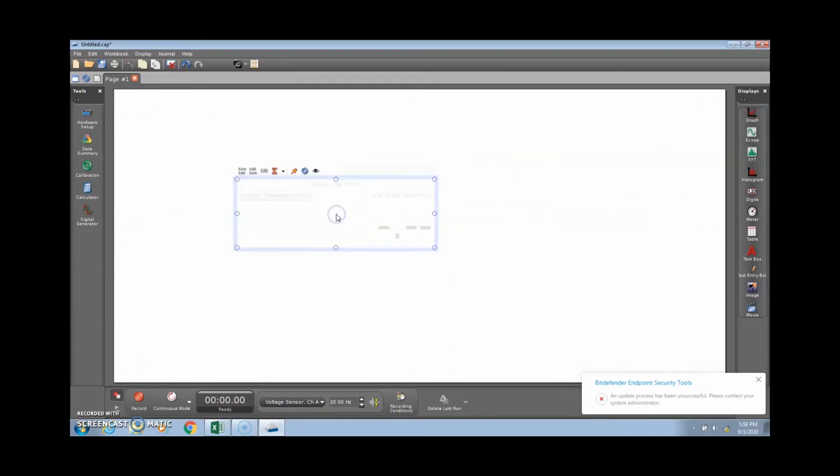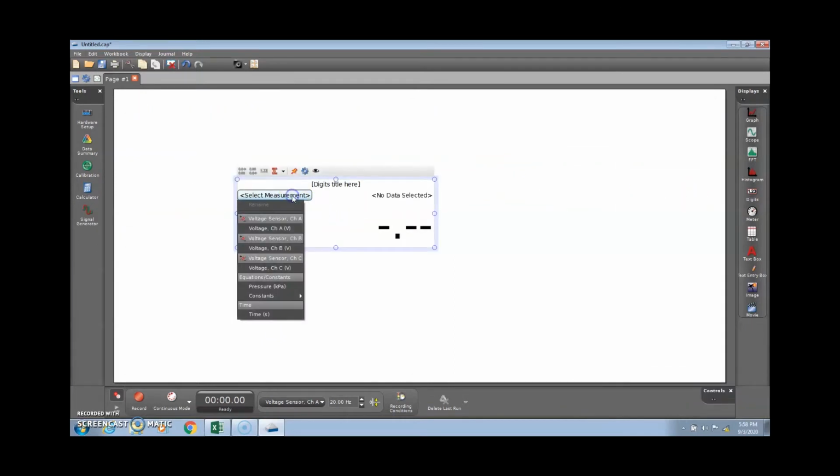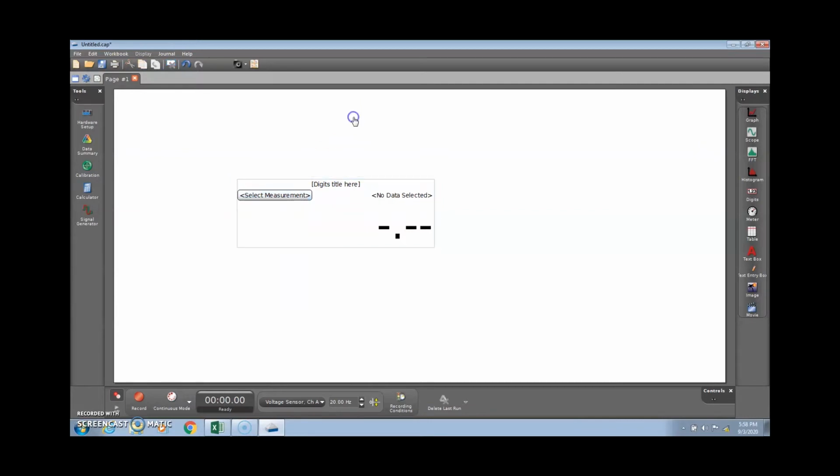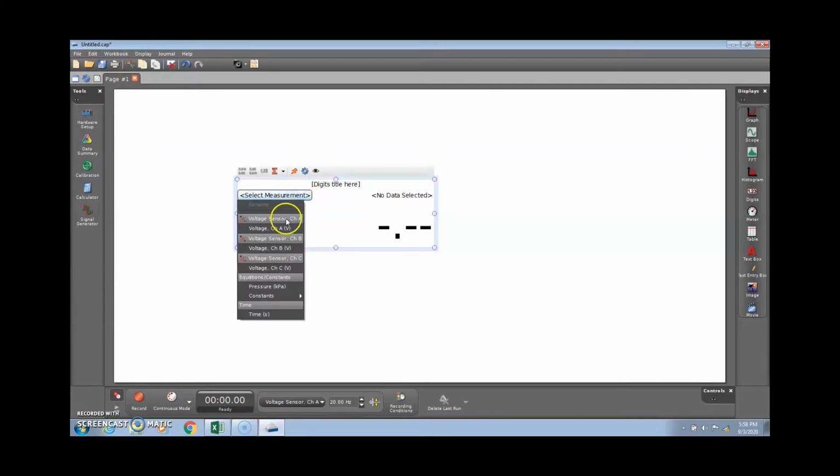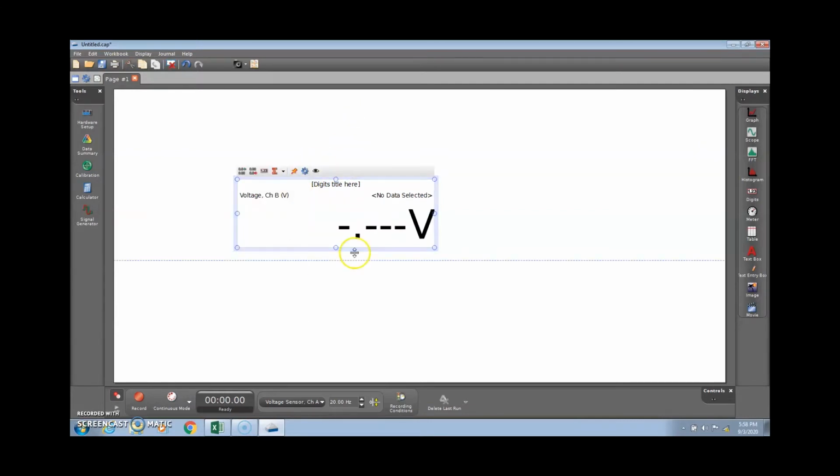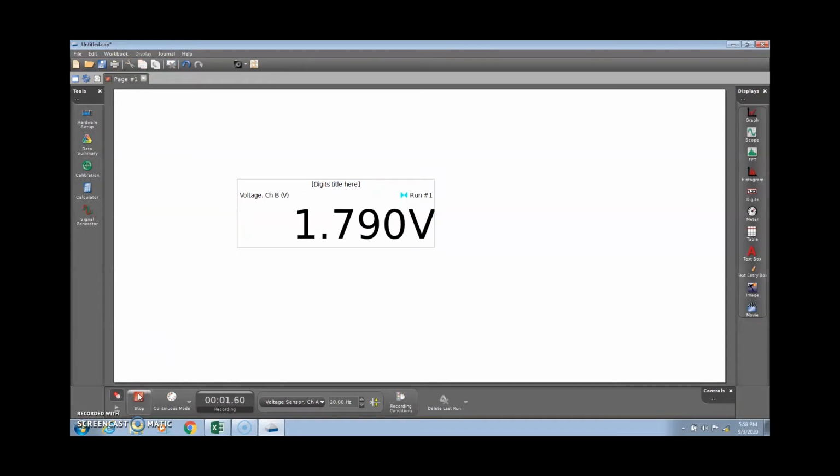I have the piston, and I'm going to find what the voltage is at the bottom when the piston is at its lowest. And then I'm going to find the voltage at the highest.